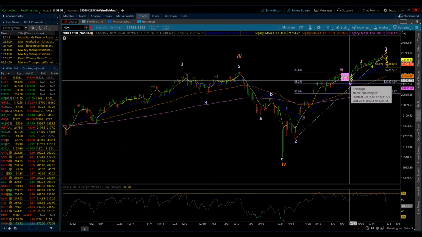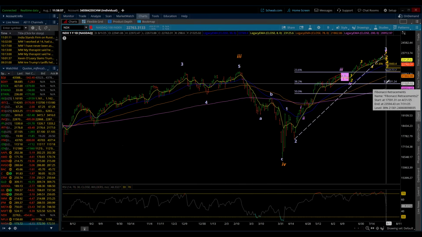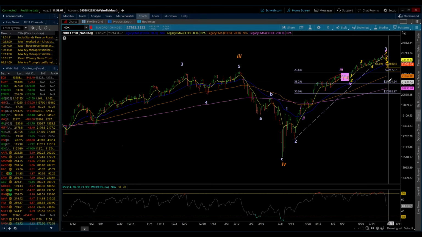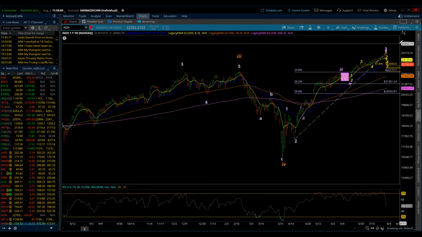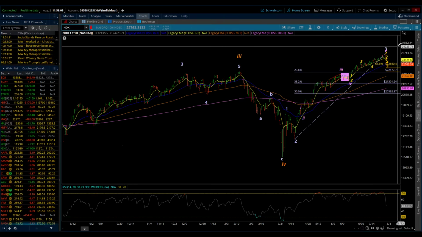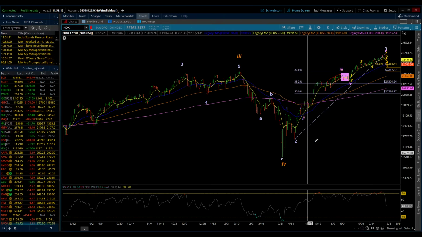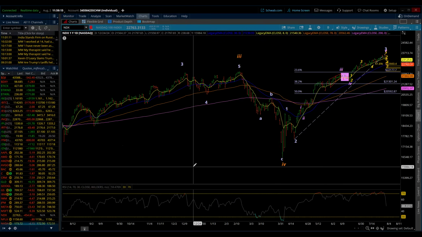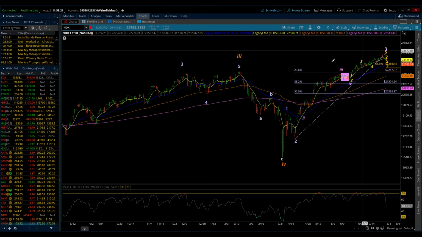Coming down into there, possibly on some overthrow, getting out 200 points lower, and that would all fit within that fourth wave. Once the fourth wave is done, I'm going to be looking for it to turn and to rally back again to new all-time highs to finish minute wave 5 and minor wave 5 and intermediate wave 5 and likely primary wave 3.